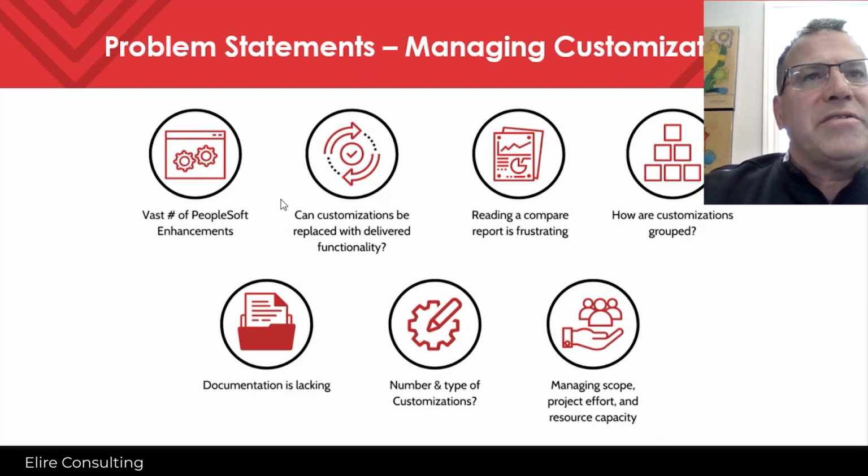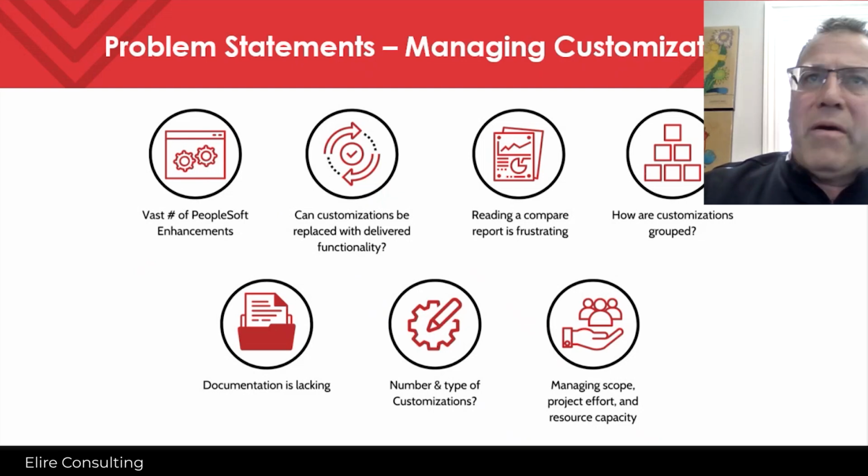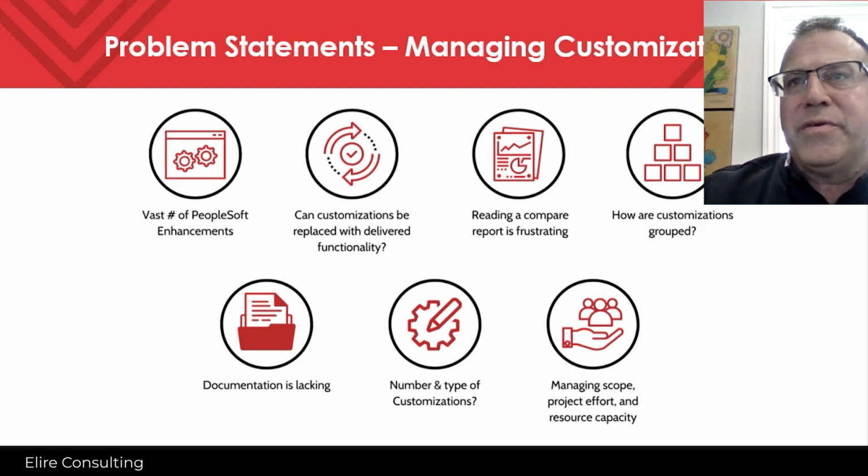Starting with our customization identification tool, a few of the problem statements that we try to address with this tool are that customers have a vast number of PeopleSoft enhancements and customizations. The customers don't realize whether customizations can be replaced with delivered functionality. A reading of a compare report can be very frustrating to customers.